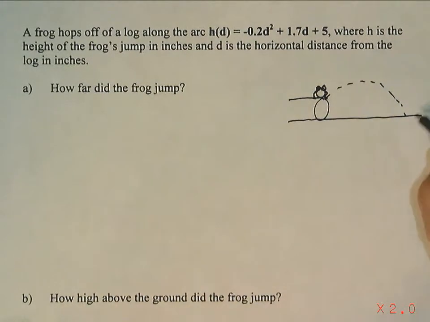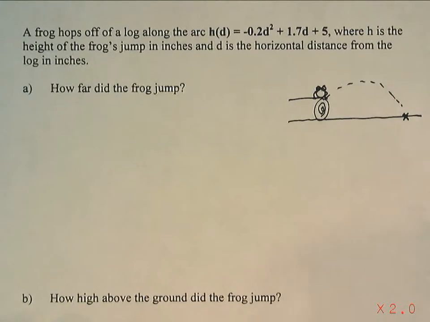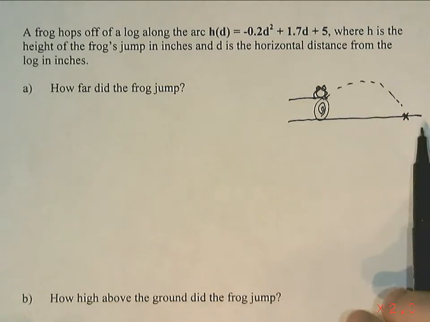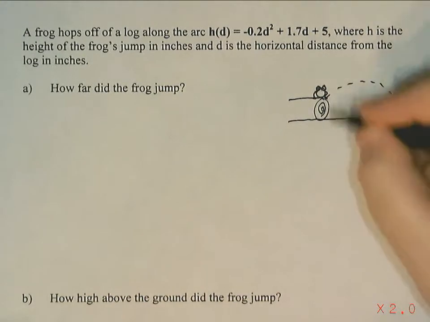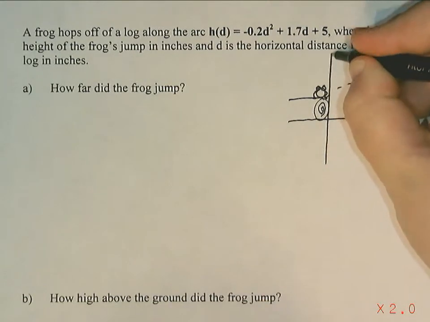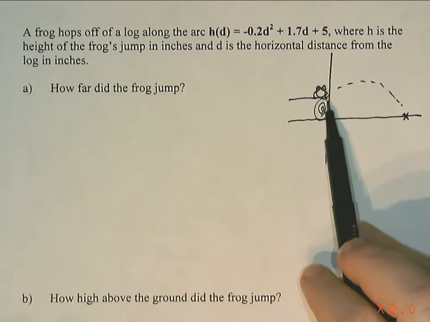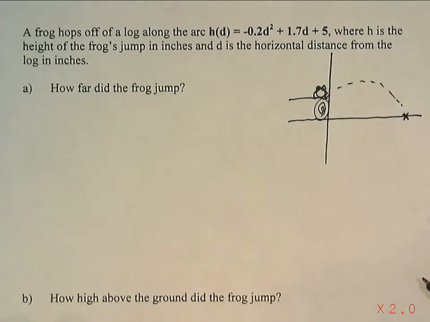And what we want to know is how far away from the log he is going to land when he jumps off that log. So when I think about this in terms of a graph, the ground would be our x-axis, and then our y-axis should be the height of the frog, and it should start from where he begins his jump, right? That's where the y-axis is going to go.